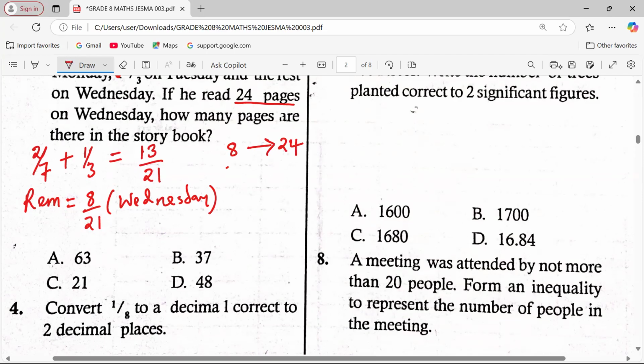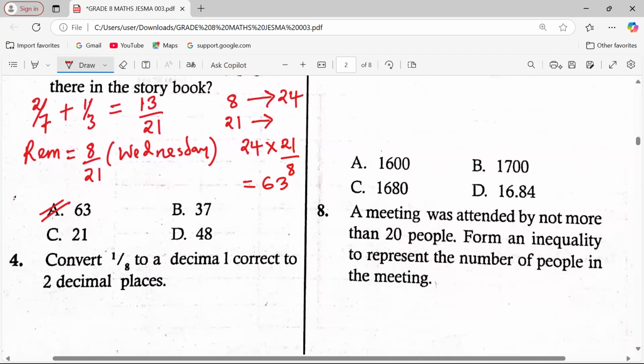What about the total of the book, which is now 21? Because 8 out of the 21 is representing 24. So it will be 24 by 21 over 8, which is going to give us exactly 63. And that means the storybook is having 63 pages.